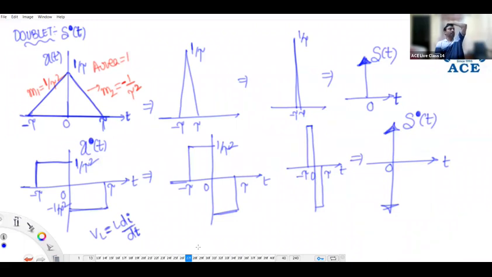By approximating a unit area triangular function, we generated a unit impulse.